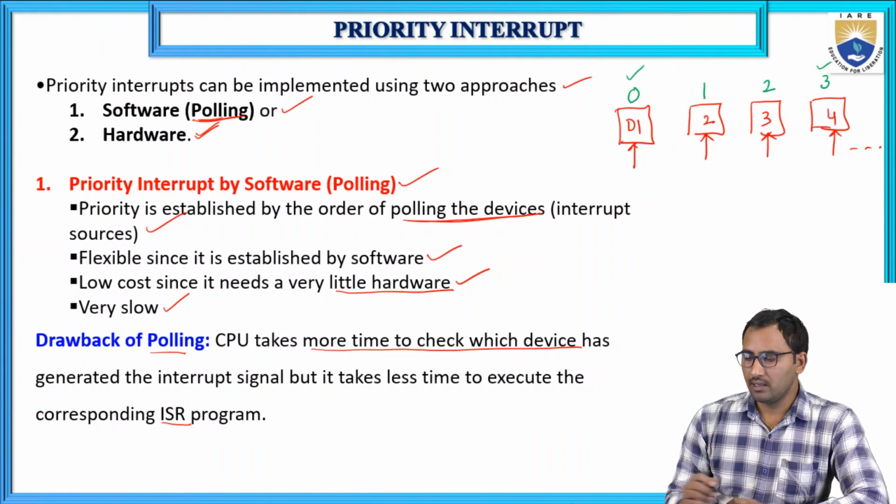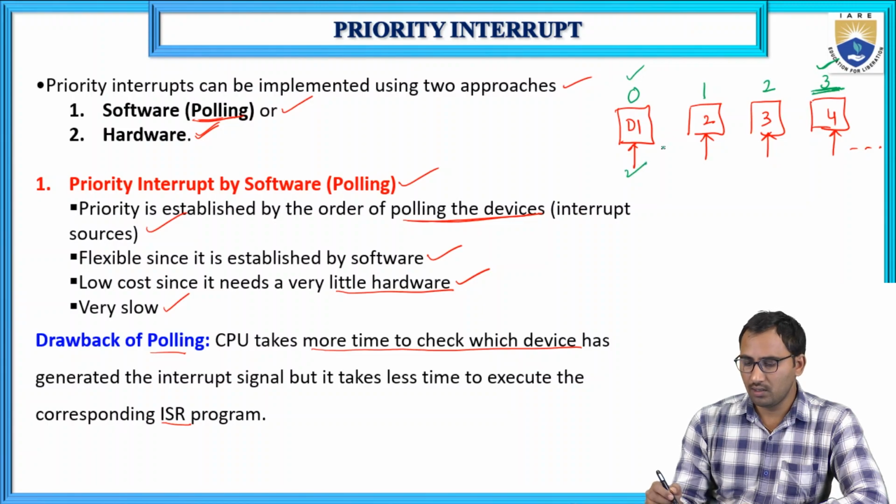When the device 4, the lowest priority device, raises an interrupt, it takes more time to determine it, because first we need to check the highest priority device.